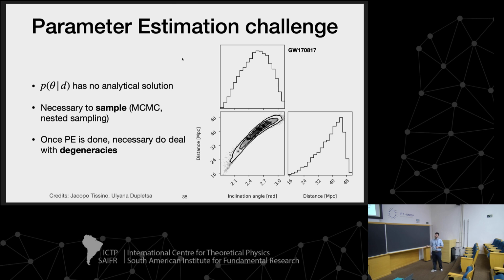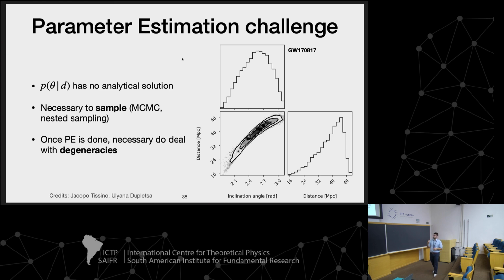Unfortunately, the posterior probability of given parameters has no analytical solution. You cannot do the math and get the posterior probability unless you're using very, very simple waveform models. So what we need to do is sample from it.